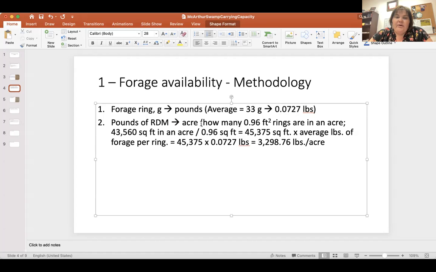Okay, so the question we have to ask ourselves is how many of those 0.96 square foot rings are in an acre. And so I did this, and I want you guys to check it by just doing a square feet to acre conversion. I think it was on Google. And I plugged in 0.96, I think. And no, how did I do that?